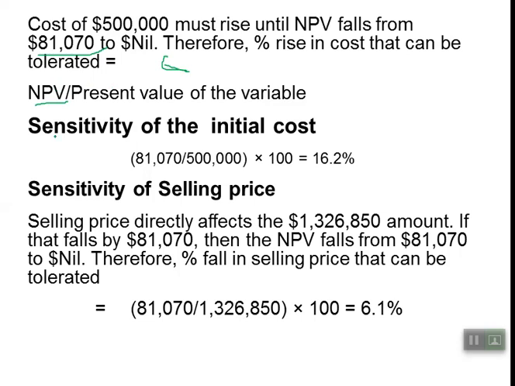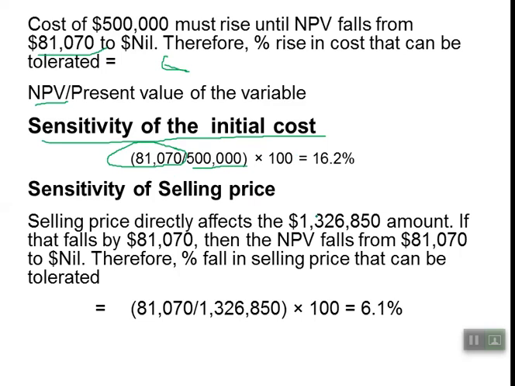For example, if you are looking at the sensitivity of initial cost, we are getting our net present value, which is this, which we got from the previous table, then divide by our initial cost, because the present value of the initial cost is this, then times 10%.